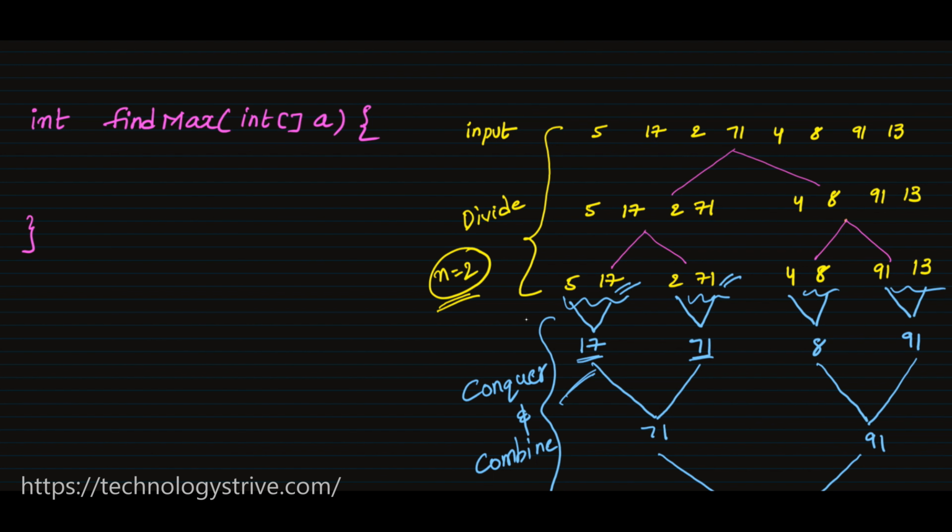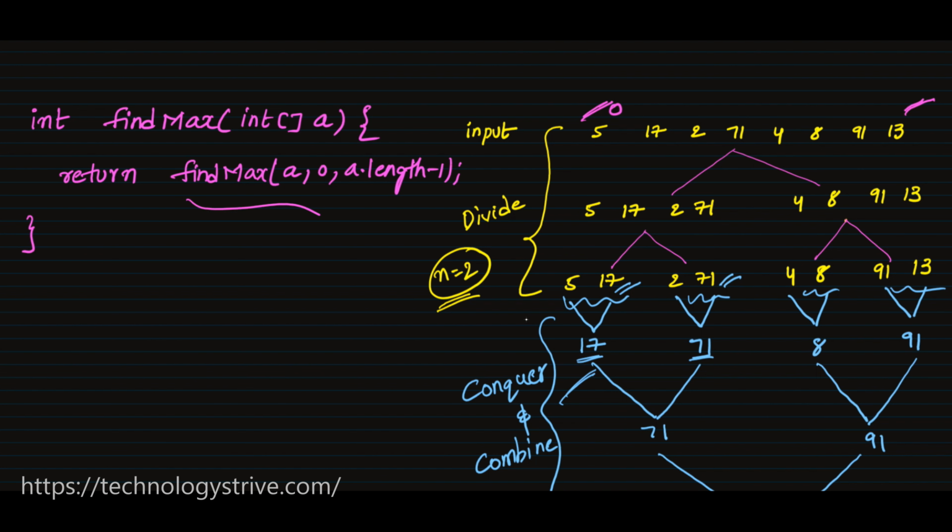First, we are dividing the array, which means we should know the start index and end index, right? So we will define one more method, findMax, which will take a, and then the start index, here starting at 0, and the end index, which is 7, that is a.length - 1.